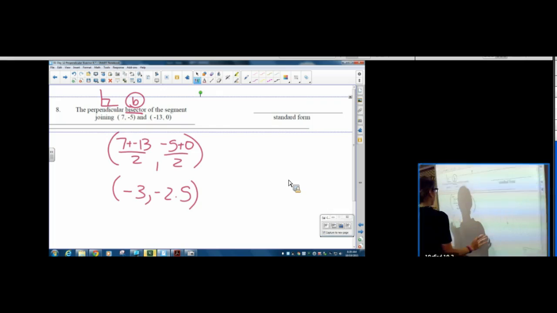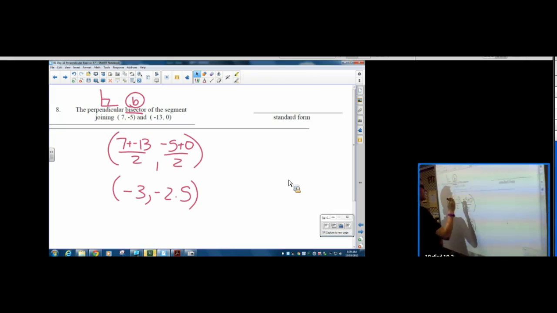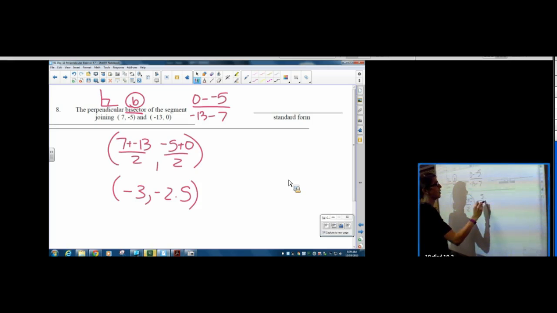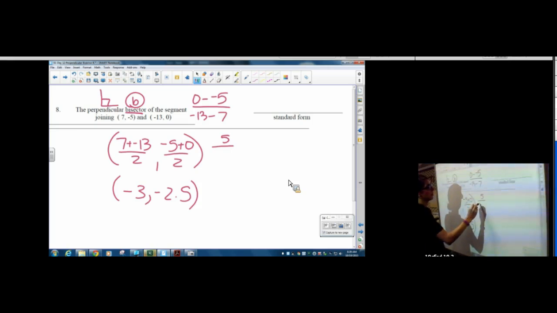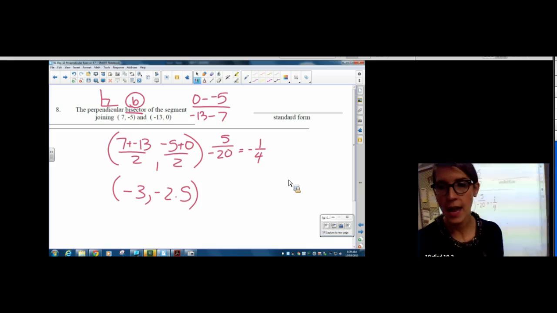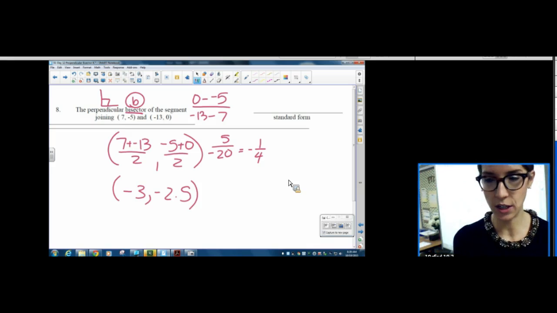Let's do the slope formula. The slope formula says delta y over delta x. So we have 5 over -20, so -1/4. And we want to be perpendicular to that.